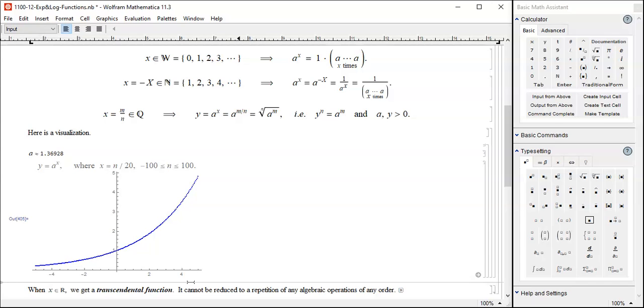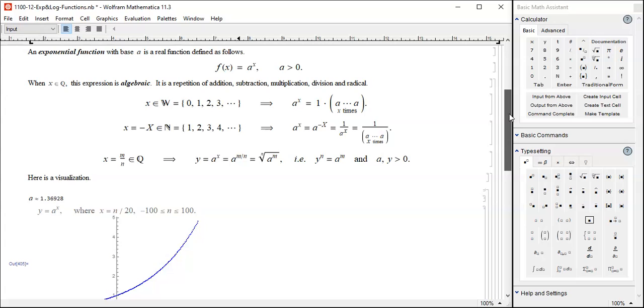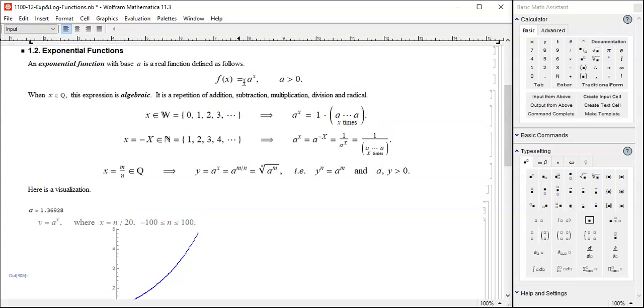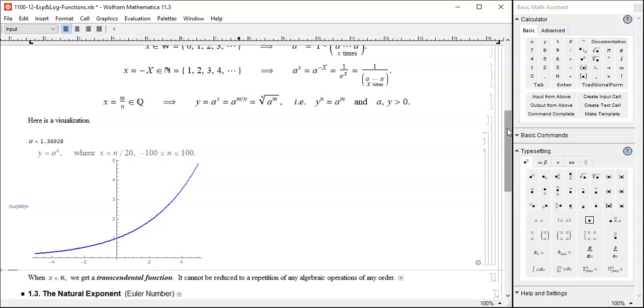Now, what you see here, we have 200 dots condensed in this small picture, so they kind of form a curve. Indeed, if you join them, you're going to get a smooth curve. And that's basically what this transcendental function a to the x is all about. Remember, x is a real number, so there's no disconnection here. If you have just rational numbers, then you have plenty of holes here and there because there are plenty of irrational numbers out there.